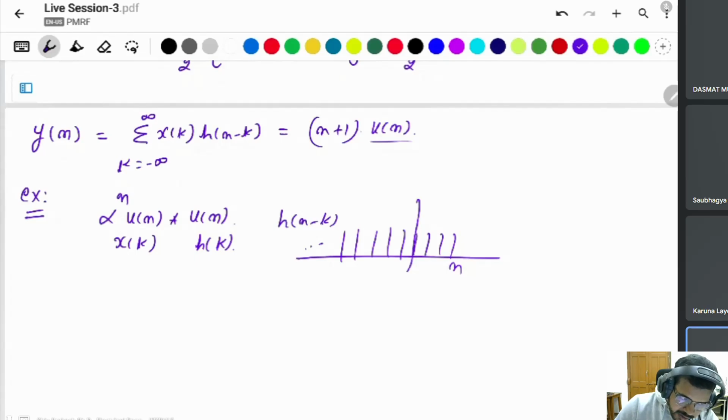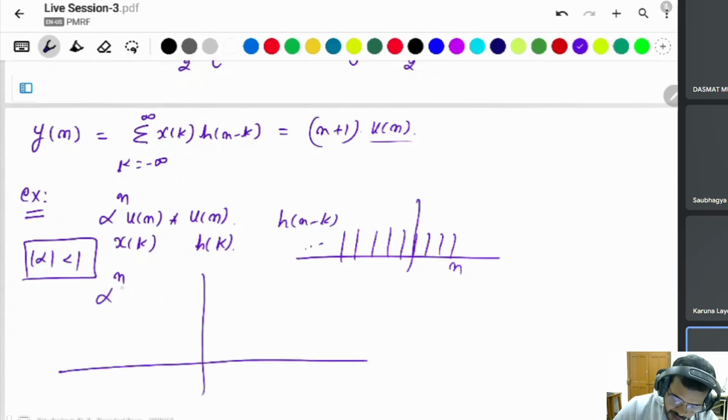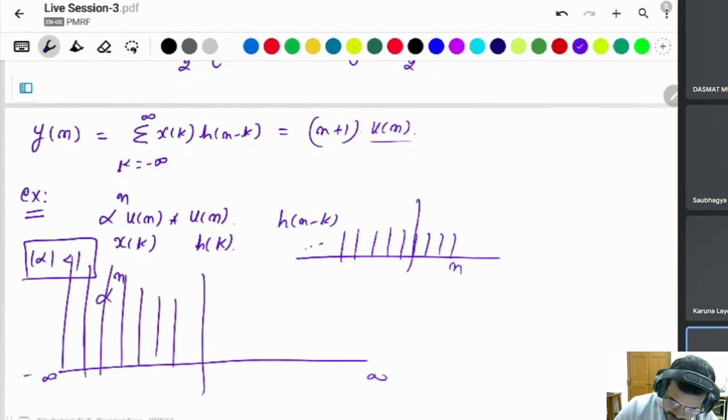If alpha is such that the magnitude of alpha is less than 1, then alpha power n, if n goes to infinity, the power is infinity, then this will reduce like that. If n goes to minus infinity, then alpha power n is equal to 0.